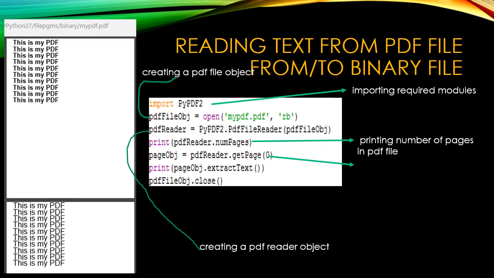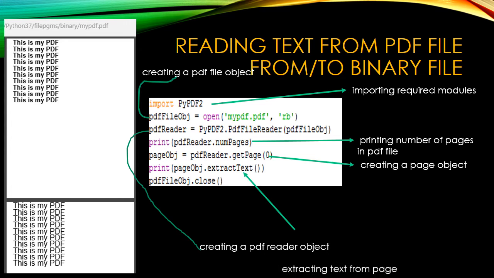Next we have to create the page object to access the page: pdf reader object dot get page of 0. So we are going to read the content from the first page. Through the page object only we can read the text in the particular PDF file.